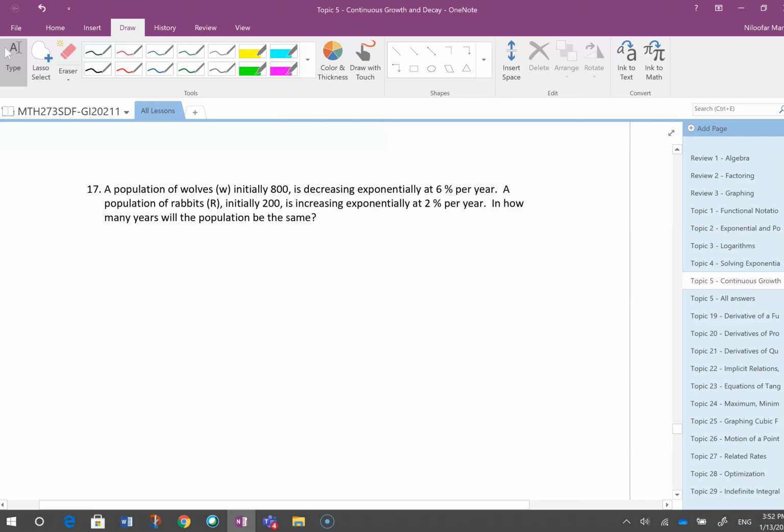I can do e power negative over e power positive, then cross multiplication and just make it 1e. Yes, I can simplify it, but it doesn't matter. When I have one term on one side and one term on the other side, I do ln of both sides.